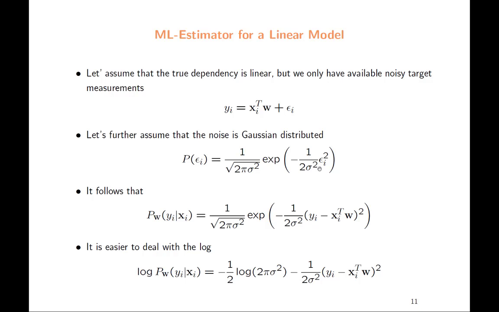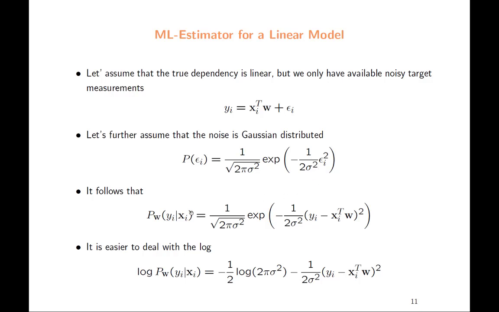This assumption can be discussed. Sometimes it is not a good assumption if the residuals are not Gaussian distributed, so in the best case one should check it, but it's also a very convenient assumption, as we can see in a second.